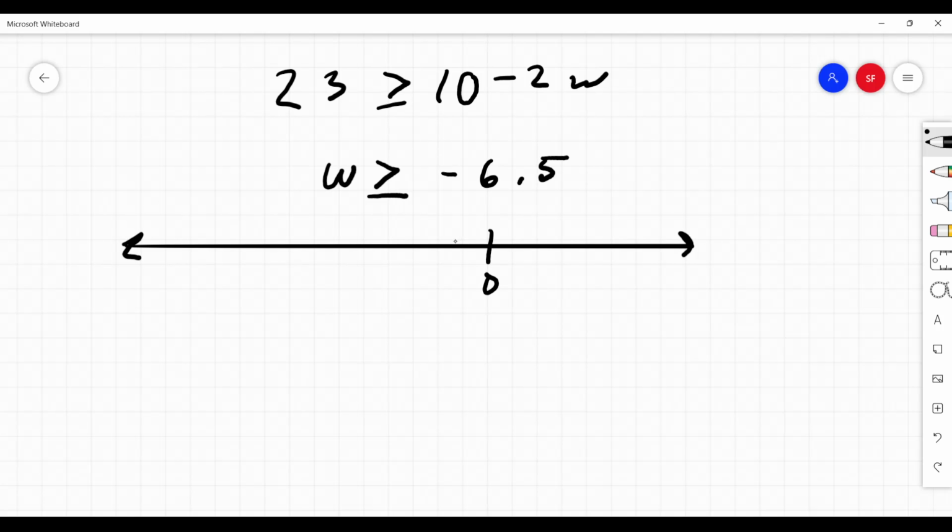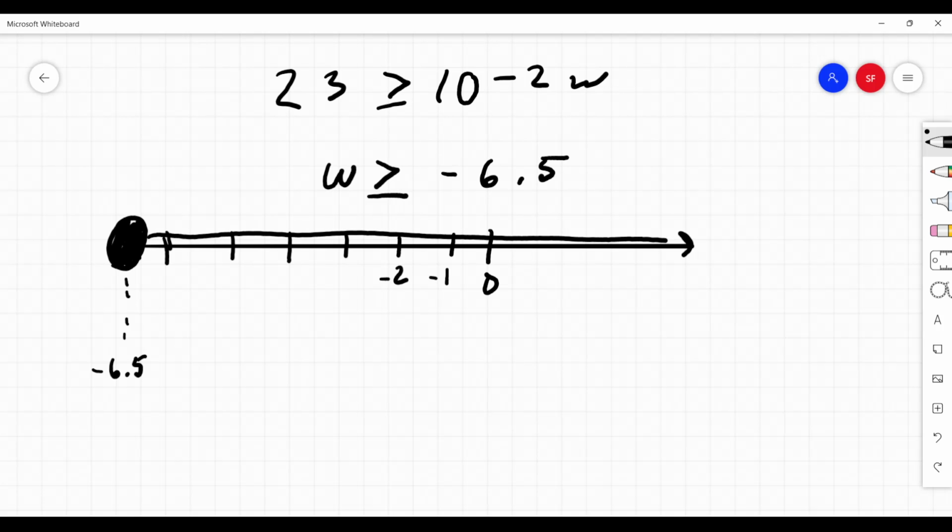Put our 0 on there. -1, -2, -3, -4, -5, -6.5. So we're going to put our little mark here at -6.5. Okay, we do a filled in circle, and it looks like this.